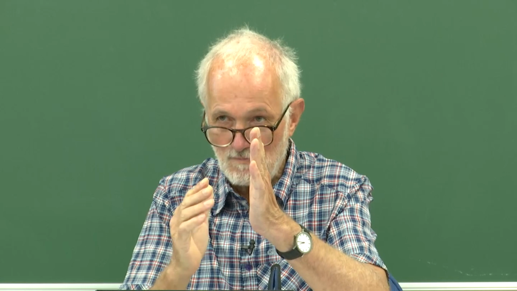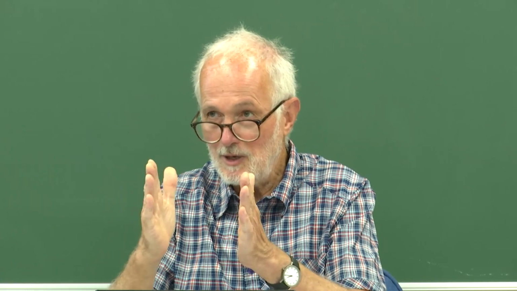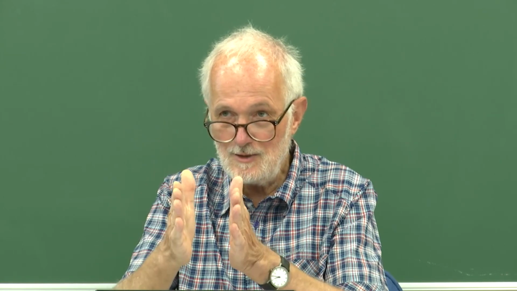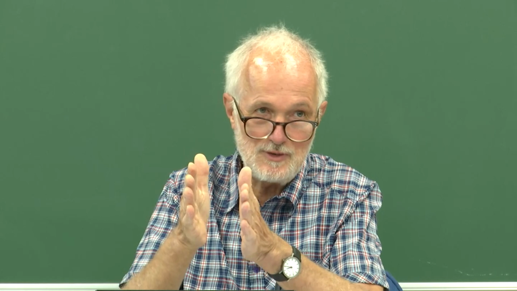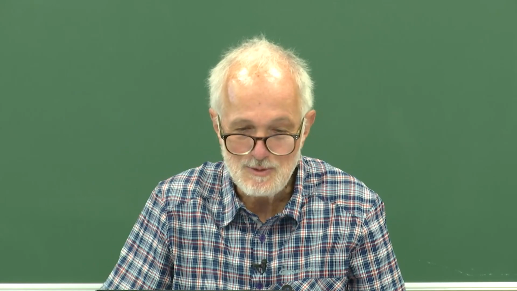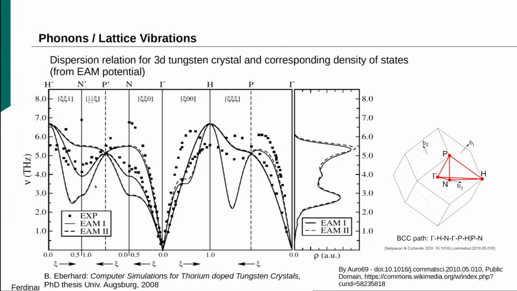So the longitudinal vibrations have no polarization. The shear waves can vibrate like this or like this. So you have two different polarizations, so you have three modes. That's why you have these three branches here, plus the optical, and that's why you have such a complicated graph. I think sometimes we call this a spaghetti graph.